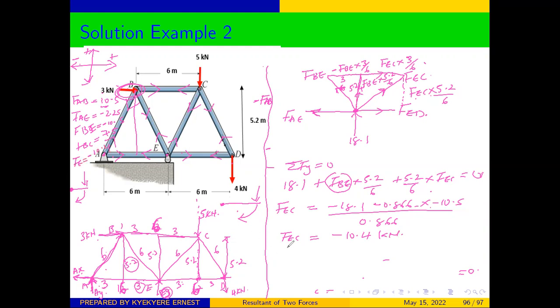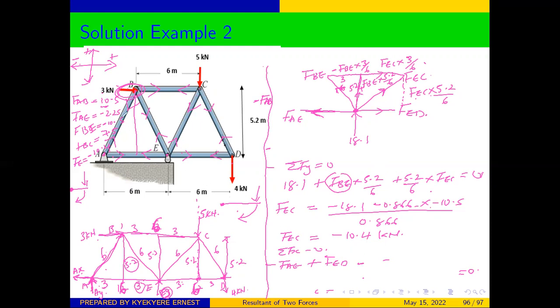Then we can write for X, the sum of Fx is equal to 0. In X, we have FAE, which is going that direction, so it will be negative FAE, plus FED, which is going that direction, so it will be positive FED. And the X component for this, which is negative, we have minus FBE.